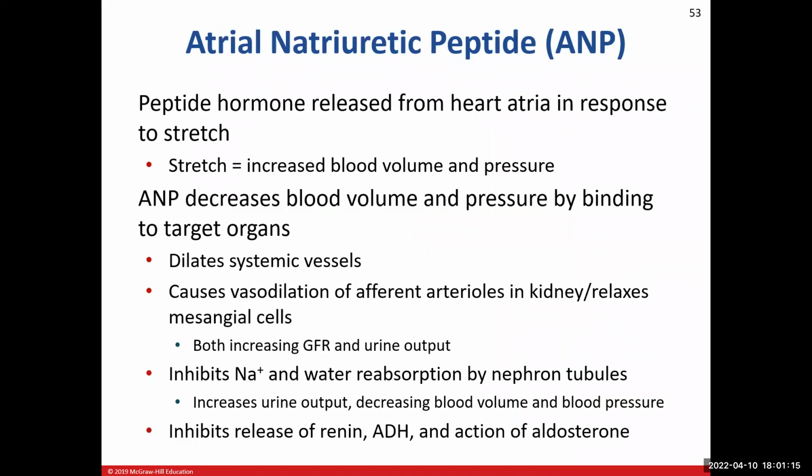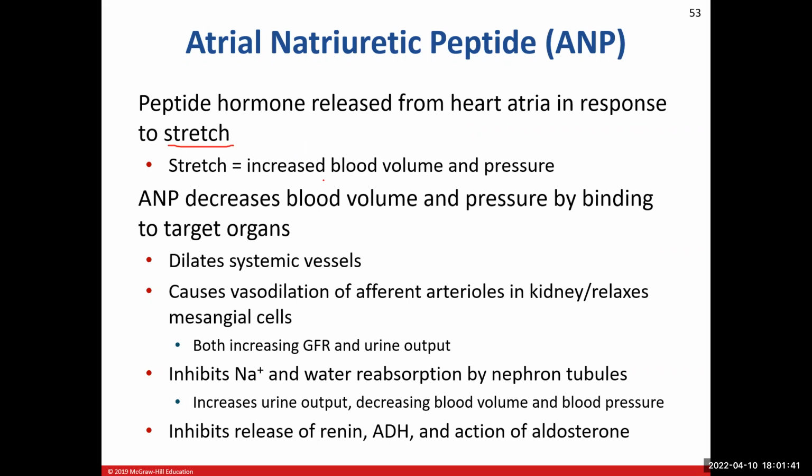All right, so lastly, we have our atrial natriuretic peptide, ANP. All right, this is a hormone that is going to work differently than those other hormones that we talked about, in the fact that it is going to decrease our blood volume and blood pressure. And so what causes the release of ANP is an increase in stretch on the atrial walls of the heart.